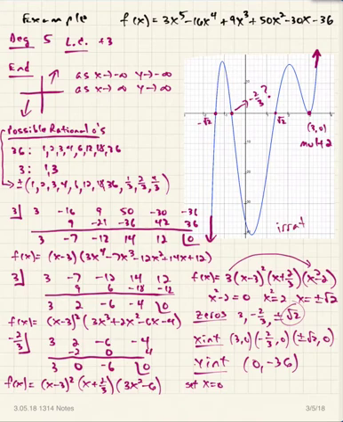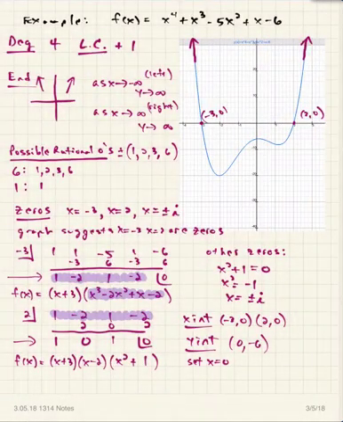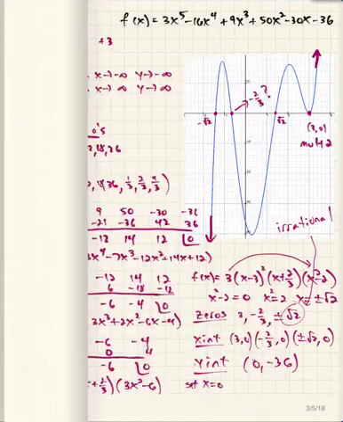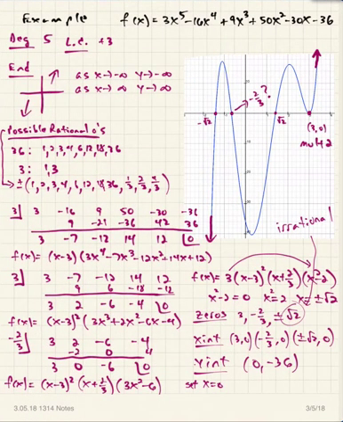It's that you can't have i's in an x-intercept, but these are irrational right here. And those do give you x-intercepts, and you can see where they are on the graph. But on this graph, I had some imaginary zeros, and notice those don't occur anywhere on the graph at all. So that's the difference. Does that answer your question? Yes, sir. Okay, good. Good question.